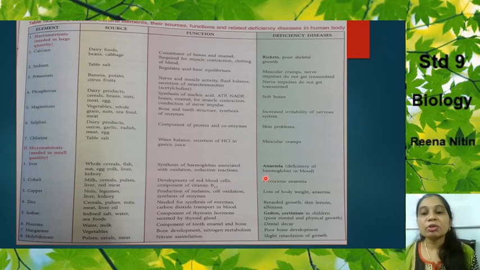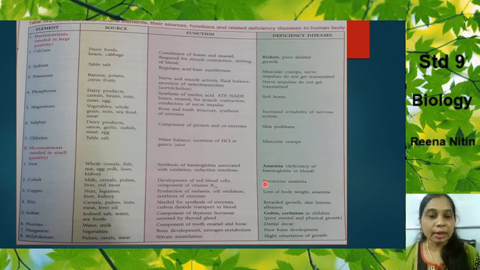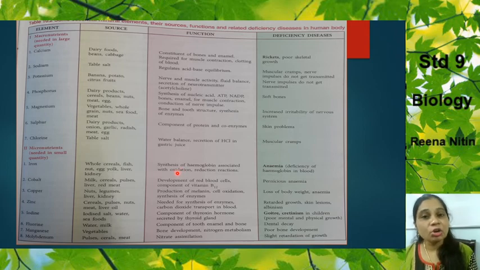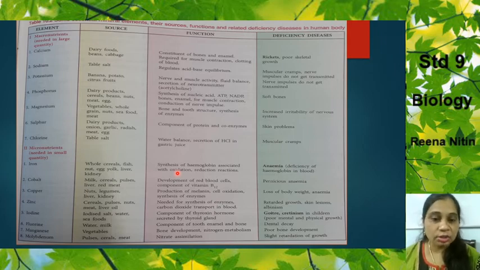Deficiency will of course lead to anemia, which is a deficiency of hemoglobin in the blood, because, as we learned earlier, iron is required for the synthesis of hemoglobin, the oxygen carrier, which helps to carry the oxygen. And if there is no hemoglobin, then that process will not take place.